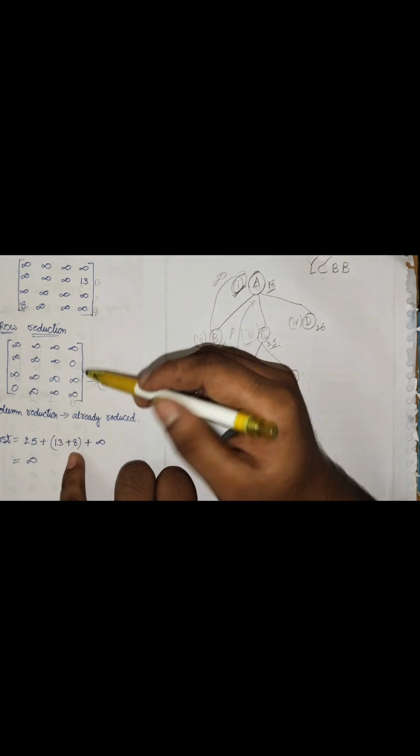So 13 plus 8, plus, we have seen this, right? M of A comma B, B comma C, C comma B, that is infinity. So summing all this, since it is infinity, the answer will also be infinity. So cost of B is infinite, and the cost matrix used is 4.